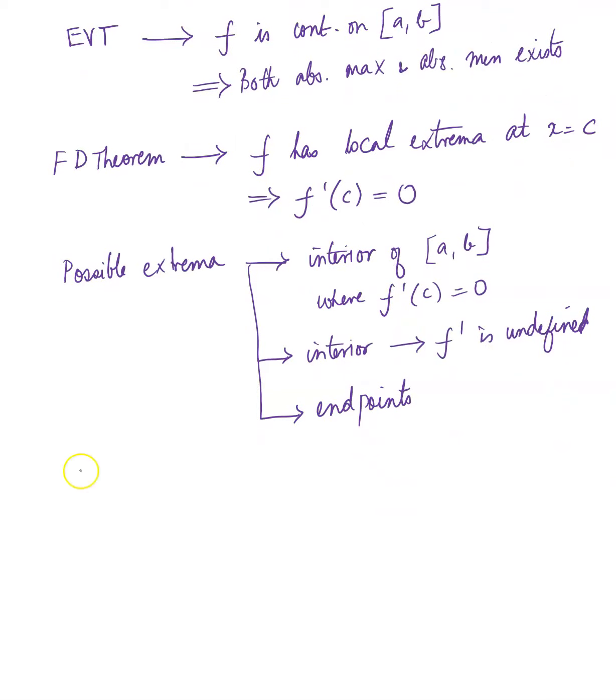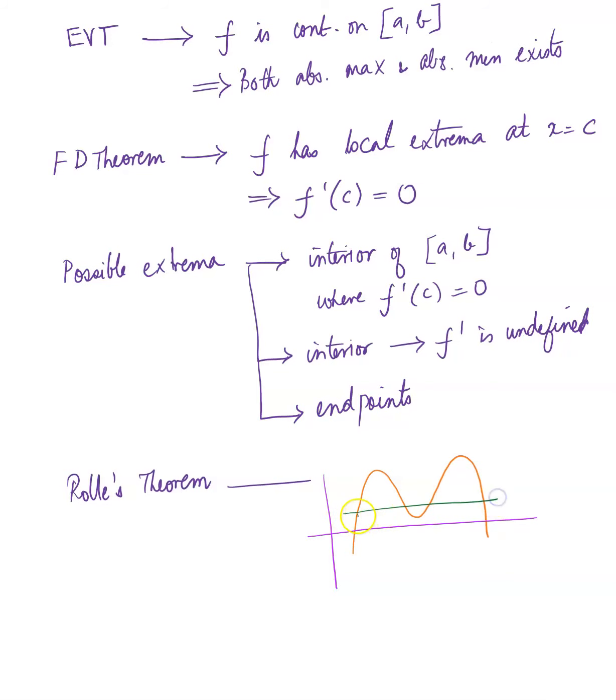Then we saw Rolle's theorem. Rolle's theorem was something like this: think of the setup with points a and b, and f of a equals f of b.